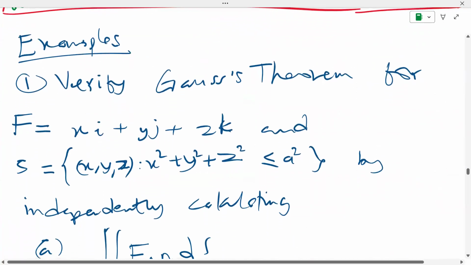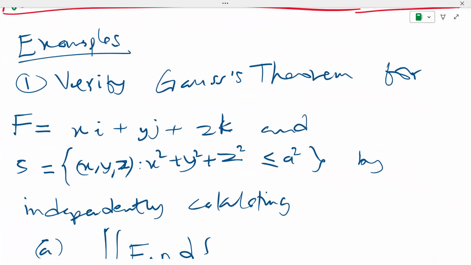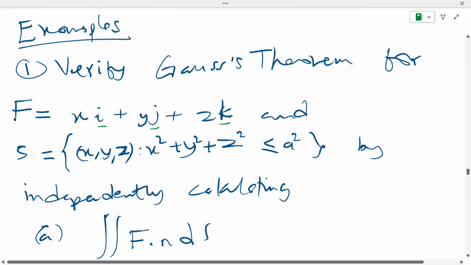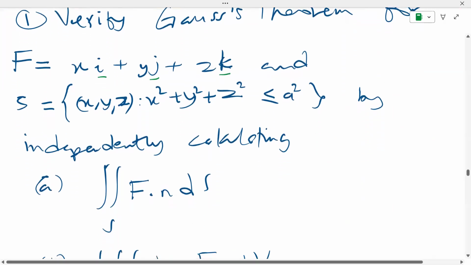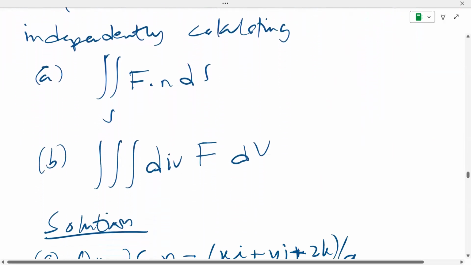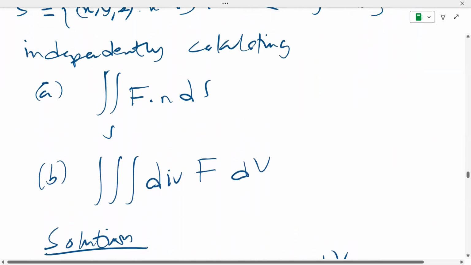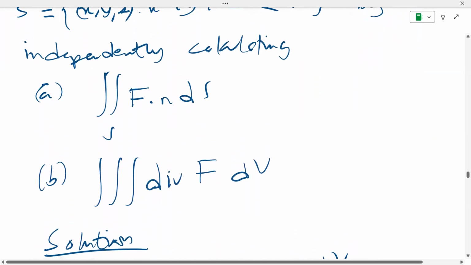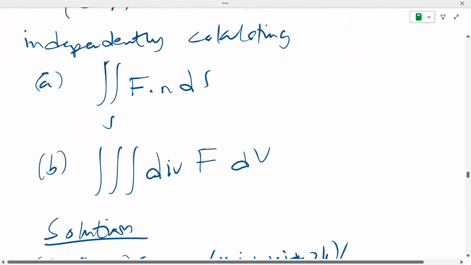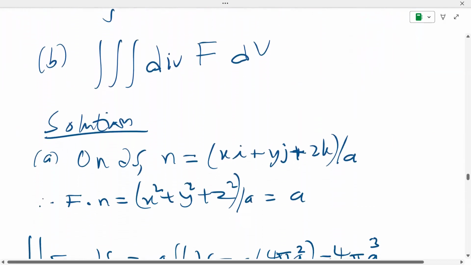Now we want to look at some examples. Verify Gauss's theorem for F equals xi, yj, and zk, where S is given by the interval, by independently calculating the surface integral of F dot N dS and the volume integral. We look at the first aspect.